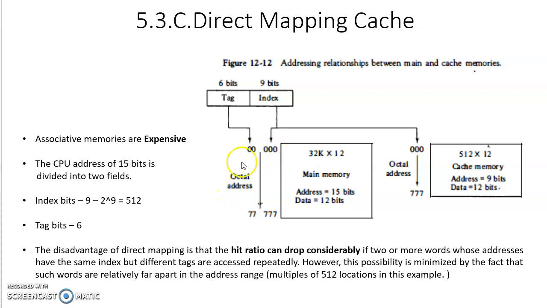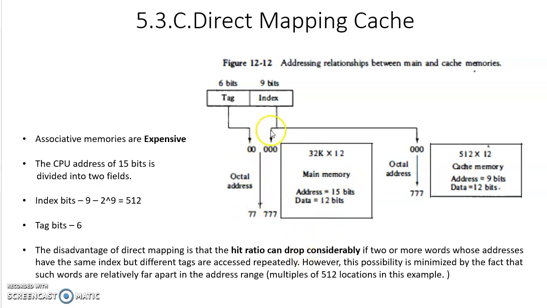So 5 into 3 is 15, 3 into 3 is 9. If you observe here, starting from 0 to 511, that is 777, is the same as 0 to 777 here also, but they will be repeated again and again, 64 times, because main memory is 64 times bigger than this.